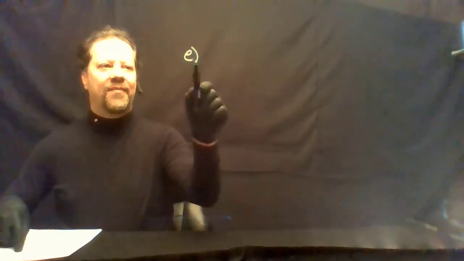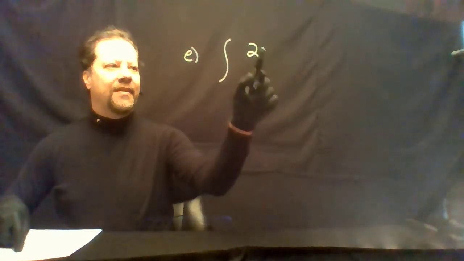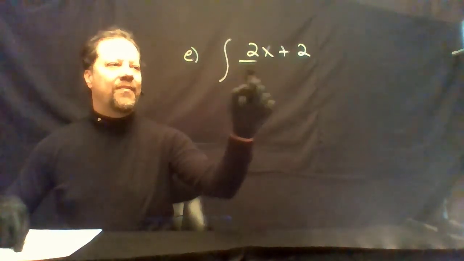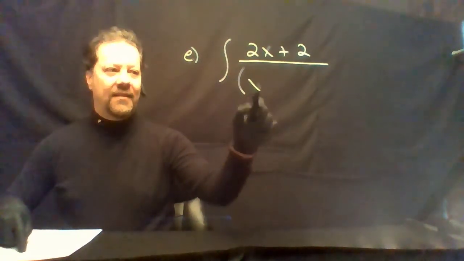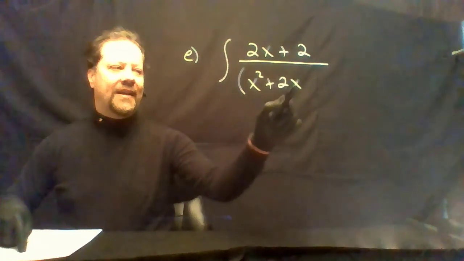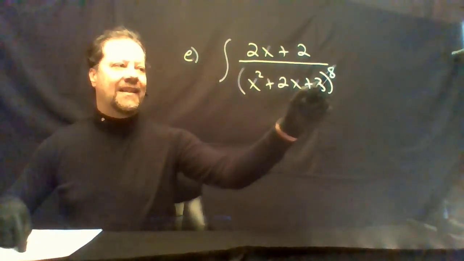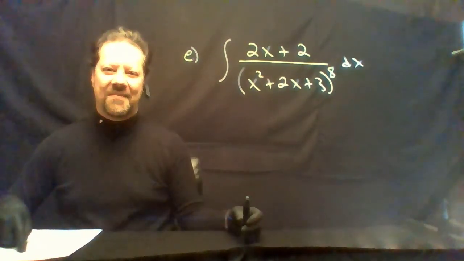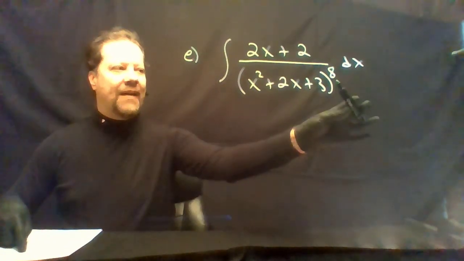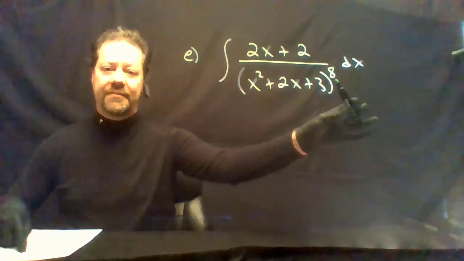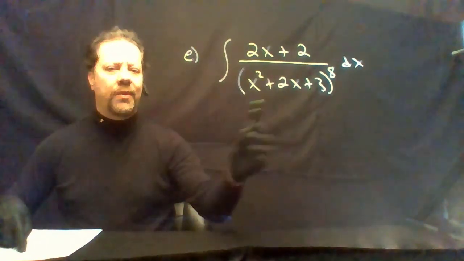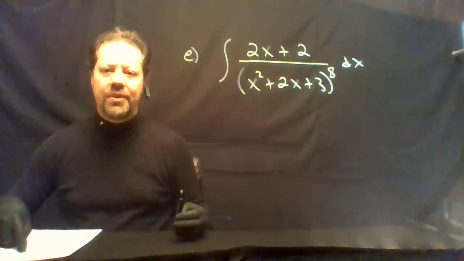On part E, I give you the integral of 2x plus 2 over the quantity x squared plus 2x plus 3 to the power 8 dx. If the power 8 were not here, this would be in the form f prime over f, but it's not, so we must use a u substitution.